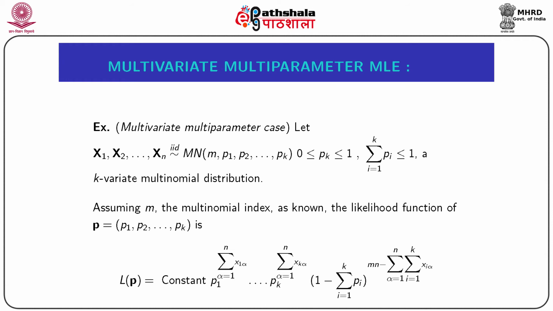Then the likelihood function of the vector p curl, whose components are p1, p2, ..., pk, is capital L of p curl equal to constant into p1 to the power summation alpha from 1 to n x1 alpha, p2 to the power summation alpha from 1 to n x2 alpha, etc., up to pk to the power summation alpha from 1 to n xk alpha, into 1 minus summation i from 1 to k pi, whole to the power mn minus double summation alpha from 1 to n, i from 1 to k xi alpha.